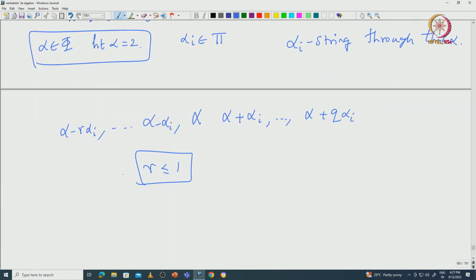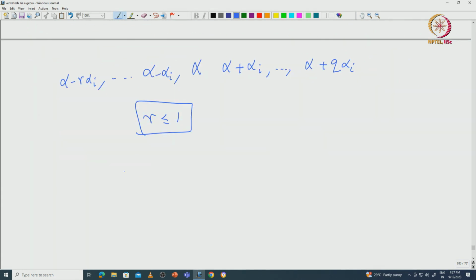You can see when you can actually subtract, again from the earlier result that we proved: if ⟨α, α_i⟩ is positive, then we will be able to subtract α_i from α.